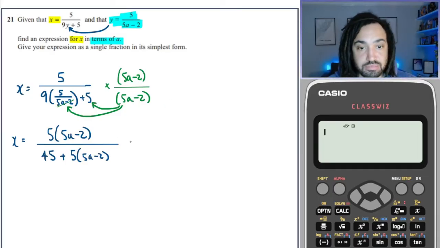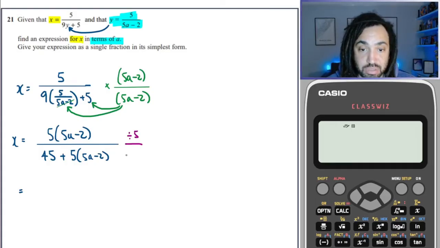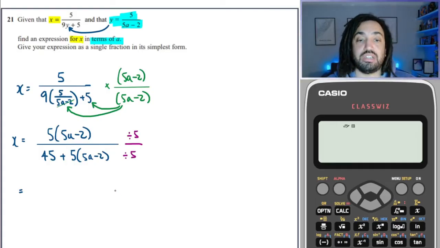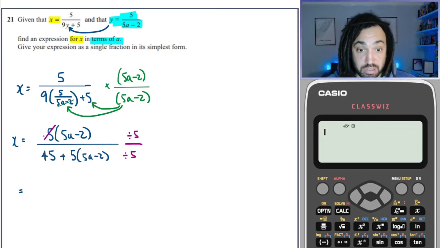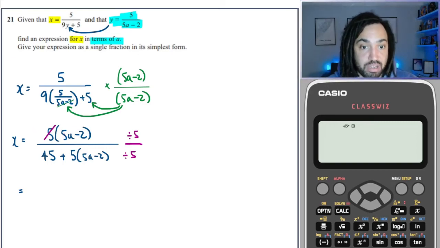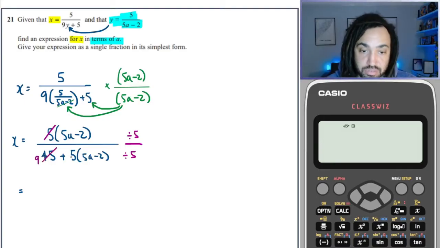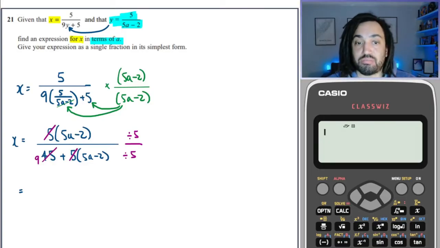Okay, now this time round I'm going to take a shortcut and I'm just going to divide the top by 5 and the bottom by 5. That will divide this term here by 5. It will divide this term here by 5 to get 9, and it will divide this term here by 5.